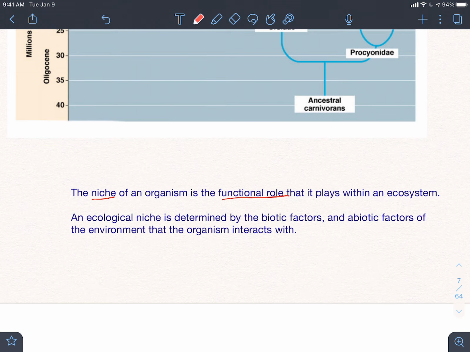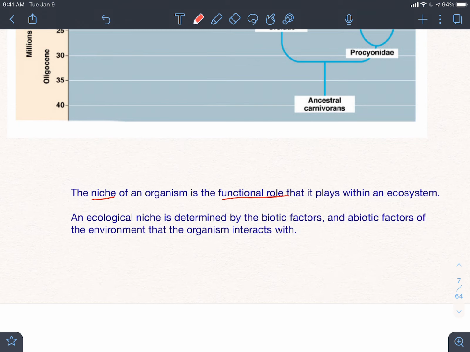So all the little factors, all the biological factors. What foods does it eat? What organisms does it need? What type of weather is it successful in? All those factors play a role in describing its niche. So a polar bear, for example, has a very specific niche. It has a niche where it hunts seal.